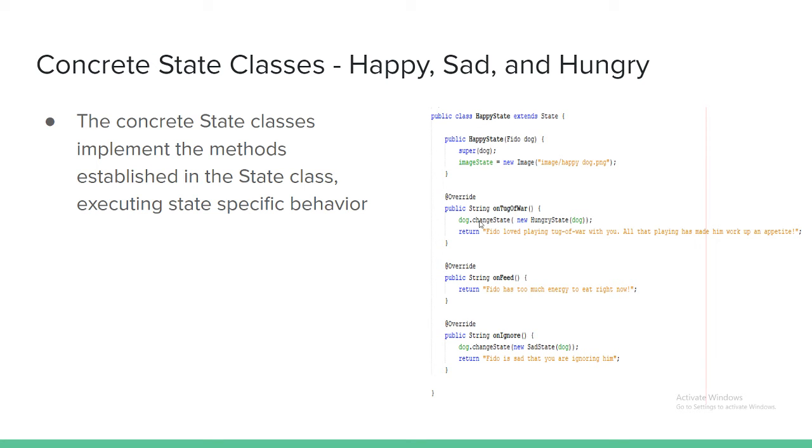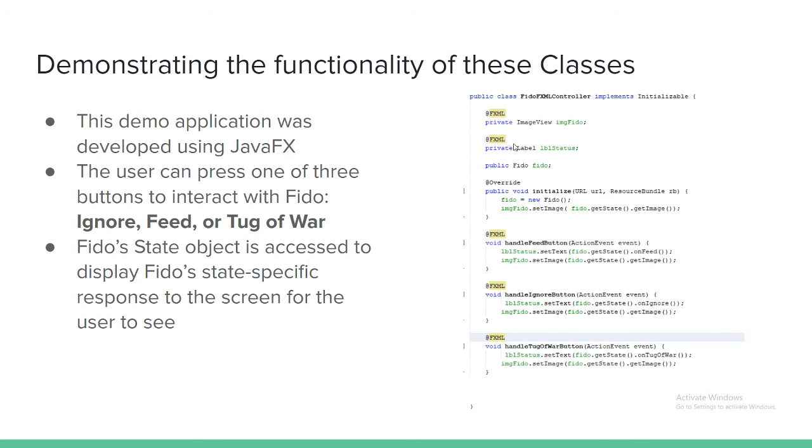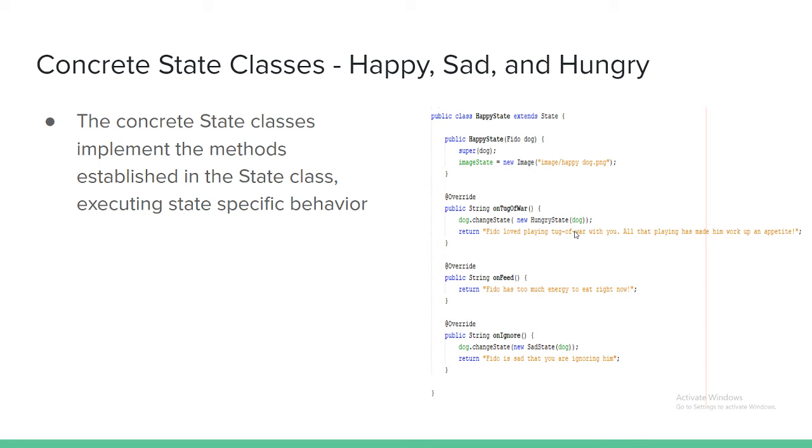So here we call the context class, and we change its state now to the hungry state by calling the hungry state constructor and passing the context class, the Fido instance, the instance of Fido.